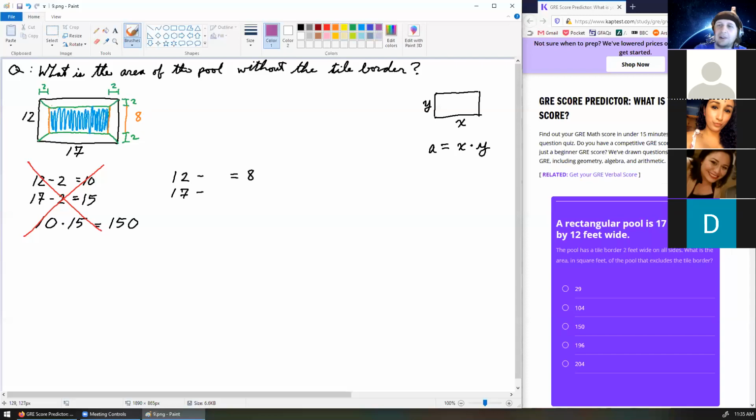And same for here. What would be the length of our purple side? 13. Yes. 17 minus 4. So that gives you 13.